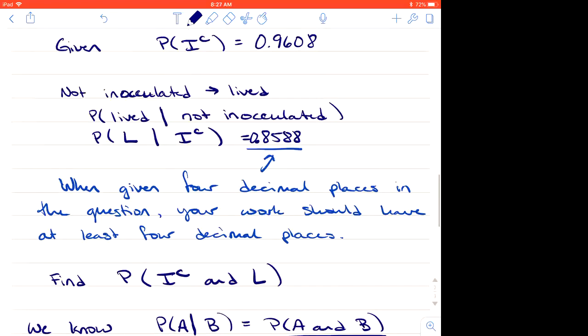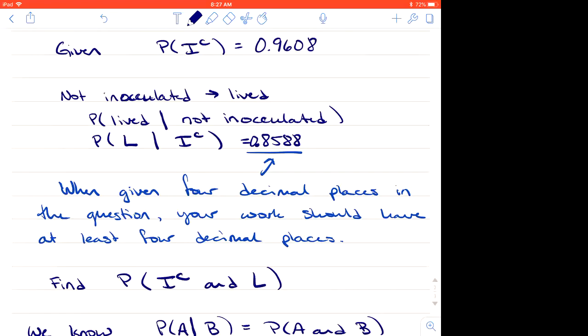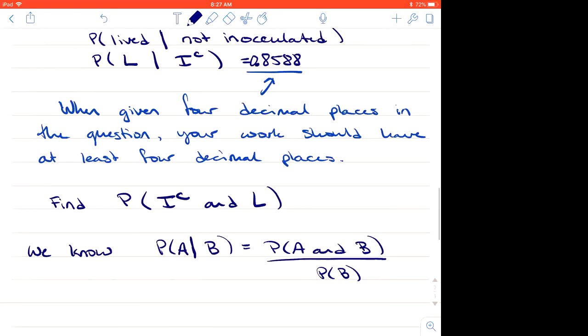So we know the probability of L given that they were not inoculated, and we know the probability that they were not inoculated. And we want to find the probability of, well, we said not inoculated and living, but if we rearrange those, it doesn't matter. That's living and not inoculated.